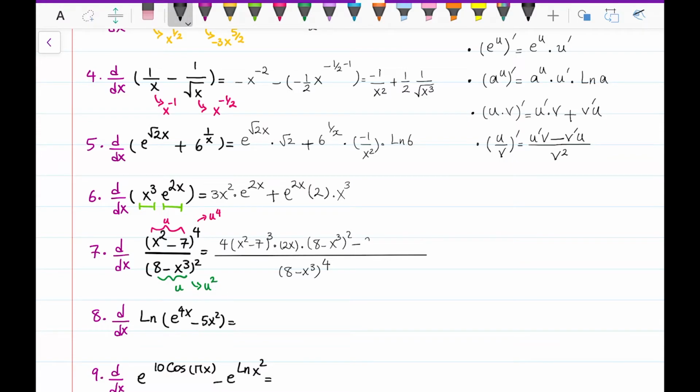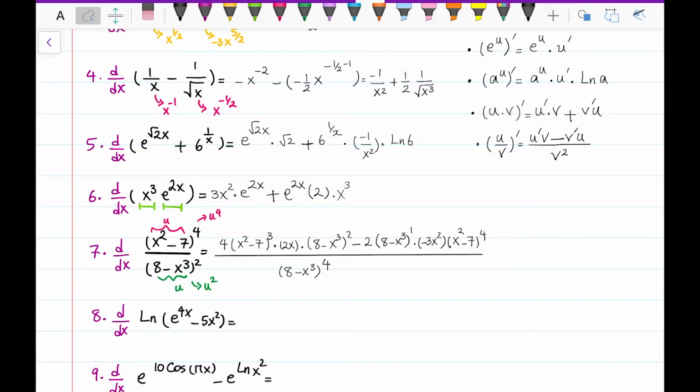So it would be 2 times (8 minus x cubed) to the power of 2 minus 1, which is just 1, times derivative of u, which is negative 3x squared. Okay, so that was derivative of bottom times the function that I have on top, which is (x squared minus 7) to the power of 4. Okay, that was the big fraction.